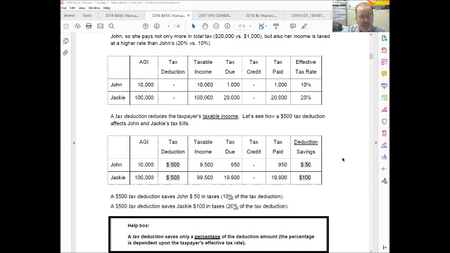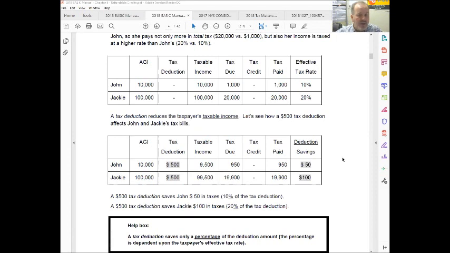That reduces his taxable income and his tax bill. Again, we're based on 10%, so he has a deduction of $500, okay? Same deduction, $500 for Jackie, okay? It shows her taxable income or tax due. That deduction saved her $100, okay? So deductions are really a proportional thing or a percentage thing, and they are not dollar for dollar, okay?